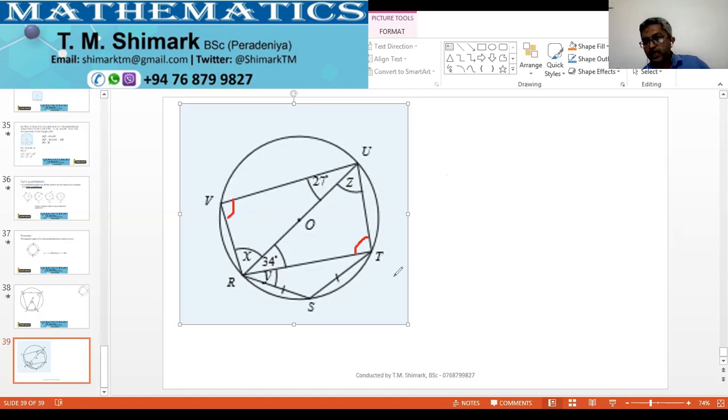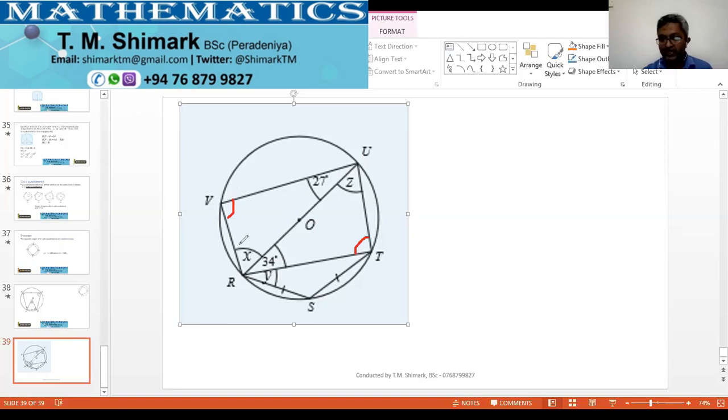I'm asking alone at RVU and also alone RTU. What can we tell about it? Yes, it is 90 degrees. Why is it 90 degrees? The angle built on the diameter will be 90 degrees. Any angle on the circumference that touches the diameter ends will be 90 degrees, right?